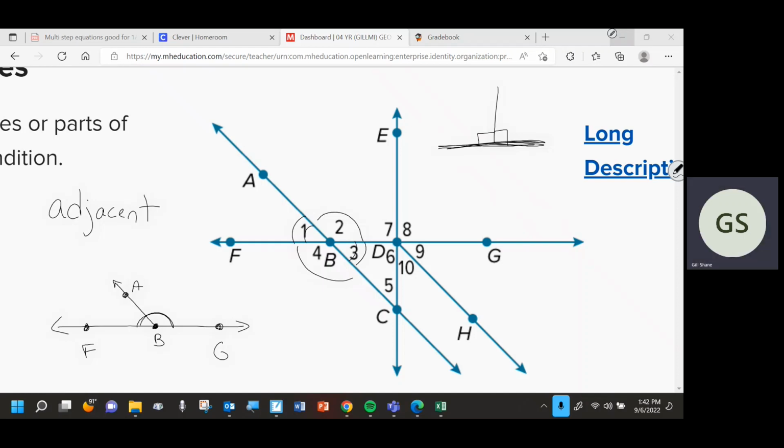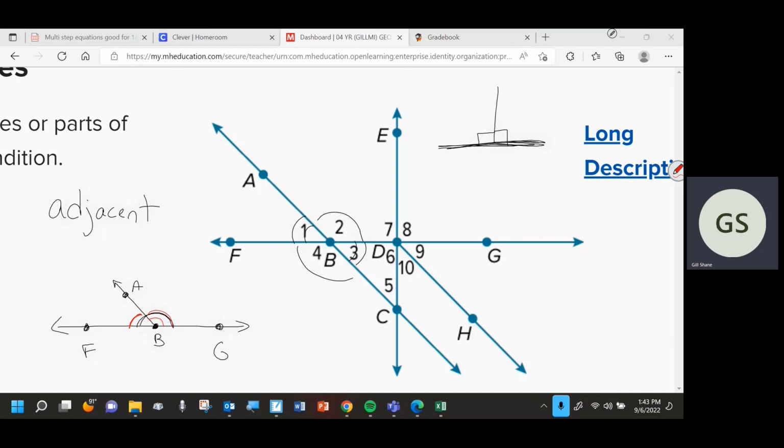Well, if I've now created two angles out of that, what does the measure of those two angles have to be if I add them together? Gotta still be 180, right? They make up that line now.